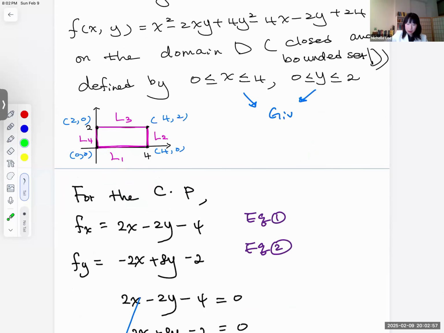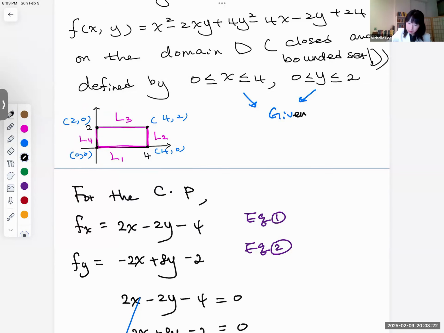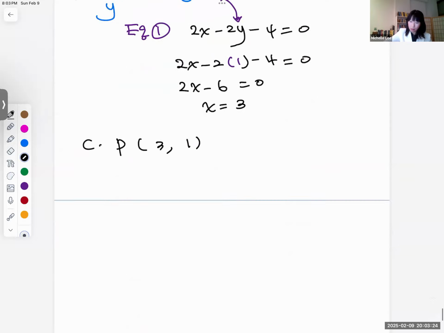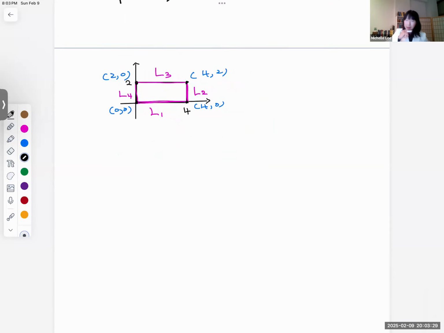So we denote this is line 1, line 2, line 3, line 4. Line 1, L1, is a horizontal line, right? Let me bring this picture. So we have this, right?